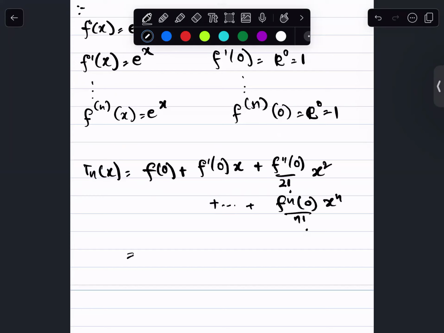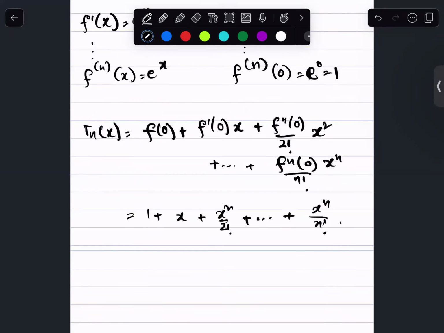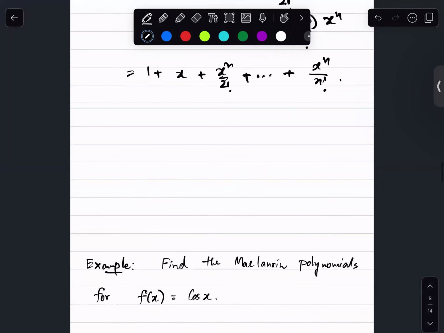If I put all the values, then I'll get 1 plus x plus x squared over 2 factorial plus so on, x to the n over n factorial. And that's it. This is the nth degree Taylor polynomial, or Maclaurin polynomial, for e to the x.